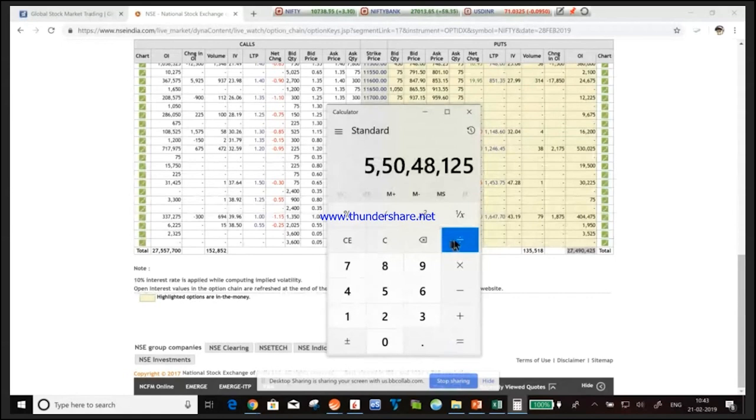You get this and you divide this by 75, that is the lot size, which gives you 7,33,975, close to 0.7 million shares or 0.75 million contracts. And how much is the requirement? 10,000. So does this satisfy? Only the front month.